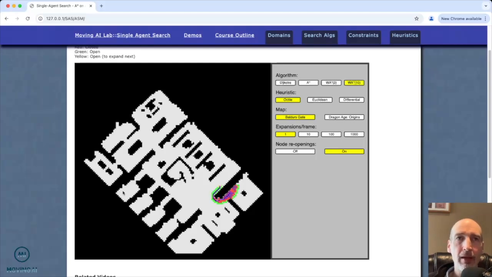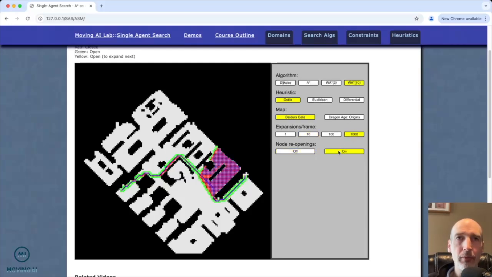But there's other problems here where I'm going to show something like this, and we'll speed things up. Actually, let's do that again, at a slightly slower speed. Here we see we're going to go back through here quite a few times, and this looks like it could actually be getting quite expensive. It's going to be a lot more node expansions than was done when we didn't have node reopenings, because we just went through and expanded every node once. And the path quality in this case isn't that much different.